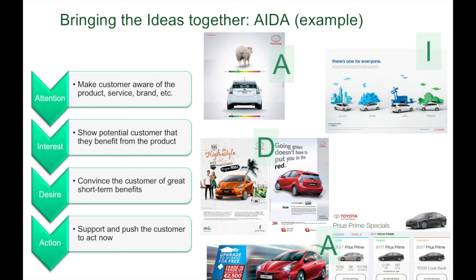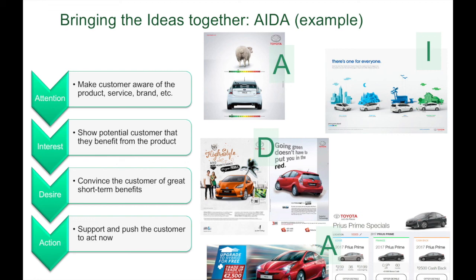So this would be the idea, that I start with attention. So the company is basically bringing attention to the general public, let's say, and then some people react to the next advertising, to the interest advertising, and they are starting to become potential customers.